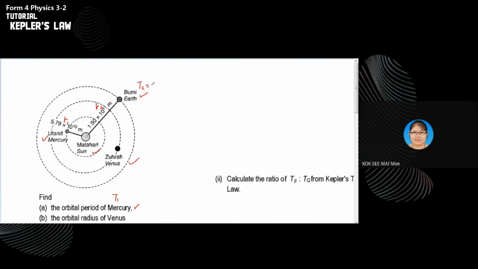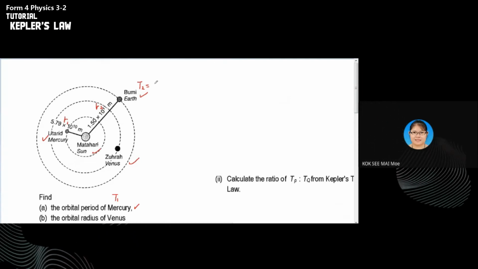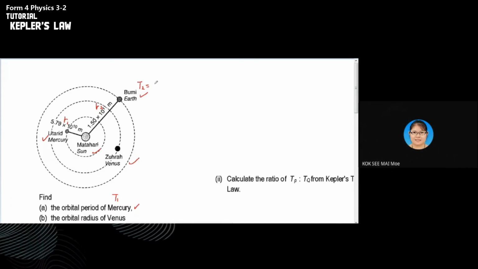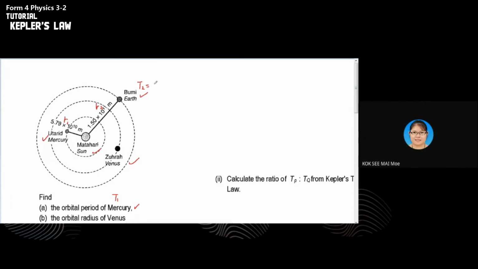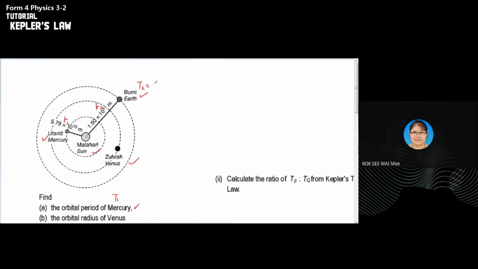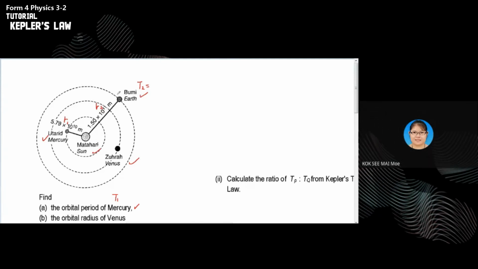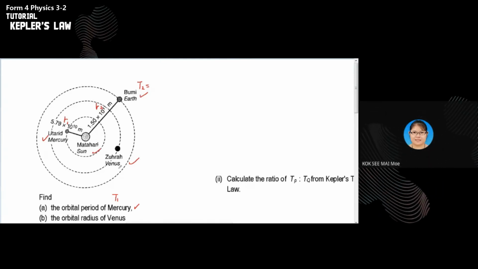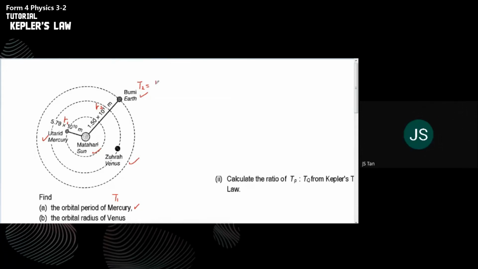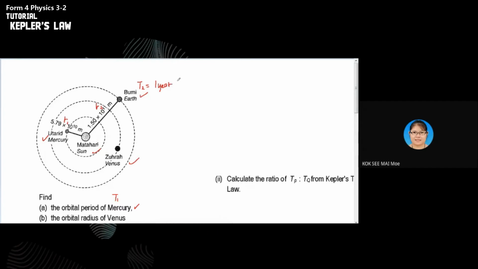T2 is how long? The Earth goes round the sun, one round, you come back. How long? 1 year. So we just take this as 1 year. So T2 is 1 year.